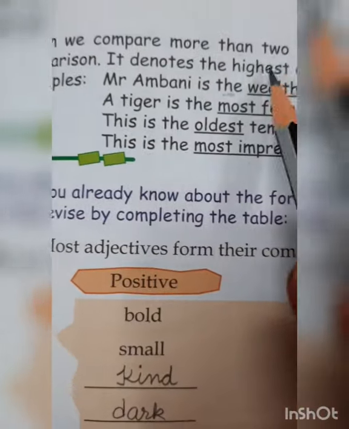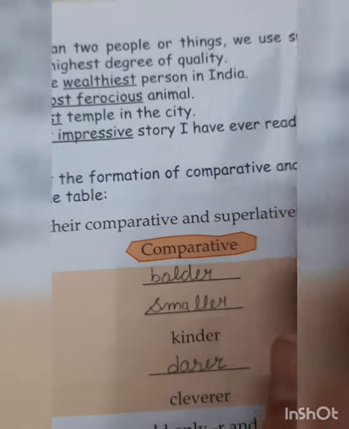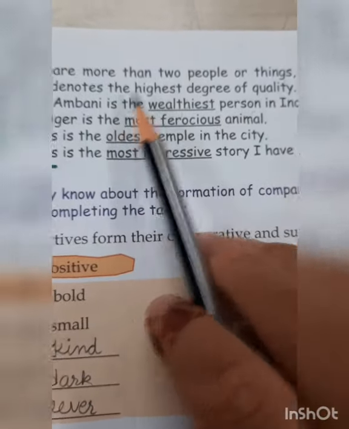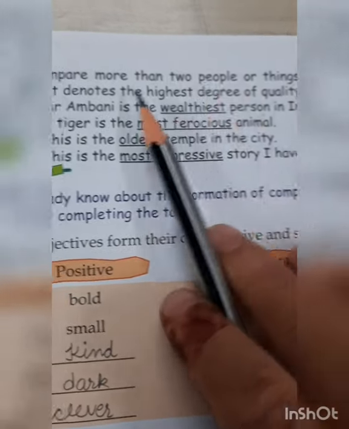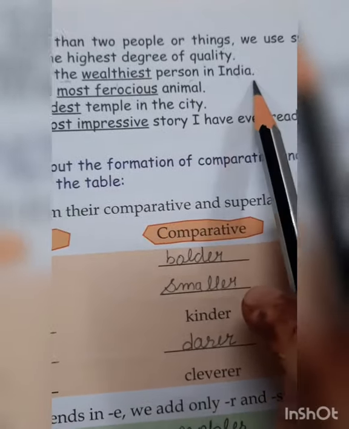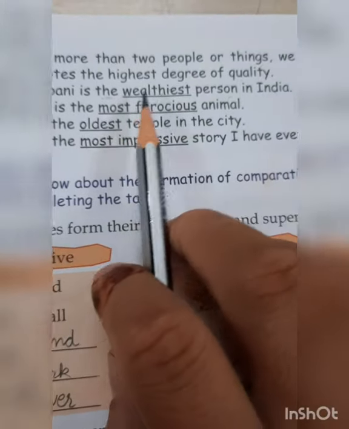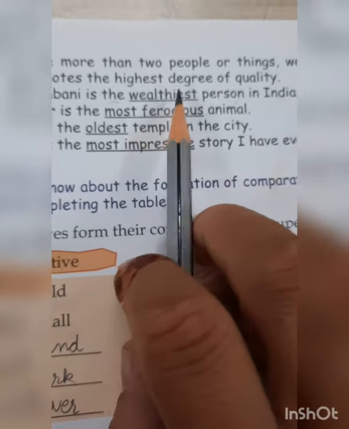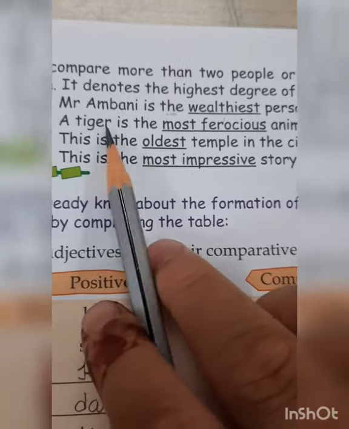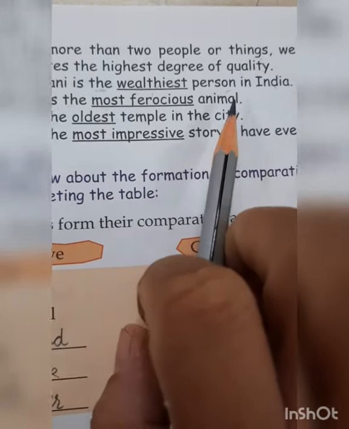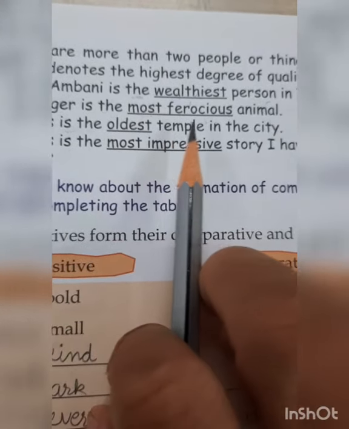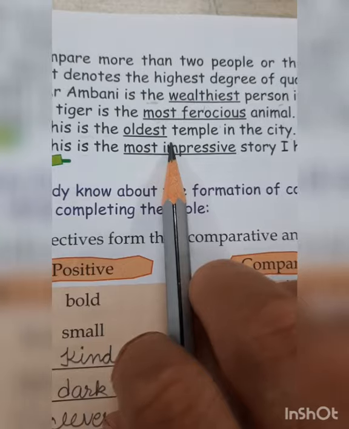When we compare more than two people or things, we use superlative degree. And it denotes the highest degree of quality. Mr. Ambani is the wealthiest person in India. Whenever we use superlative degree, before that we use the. A tiger is the most ferocious animal, the most ferocious. This is the oldest temple in the city, the oldest.